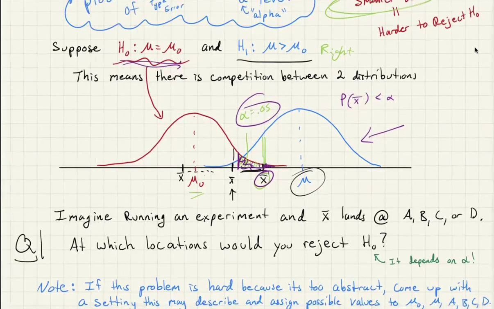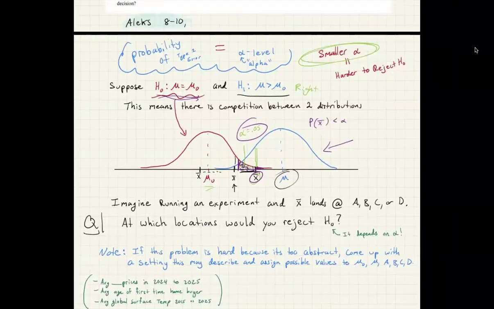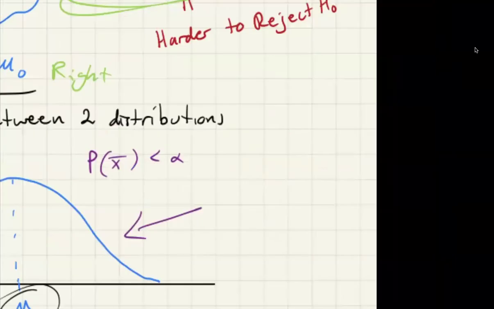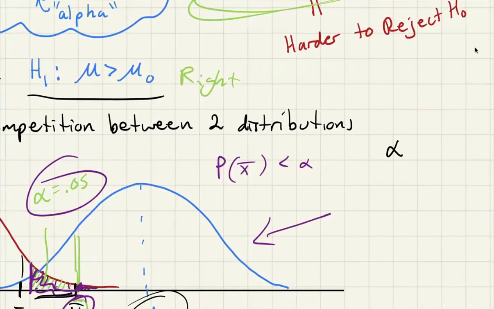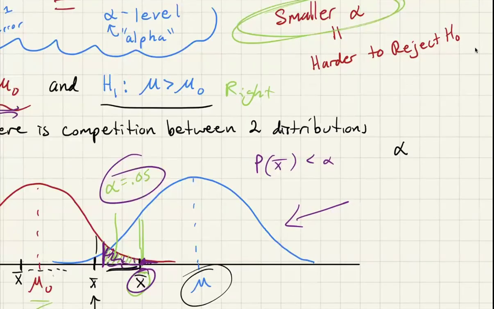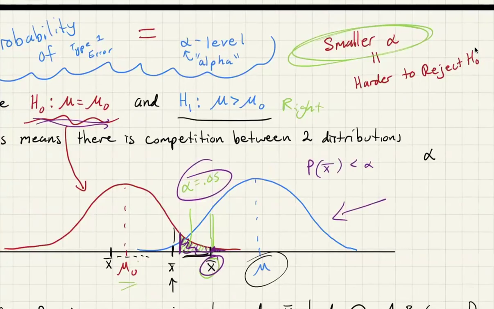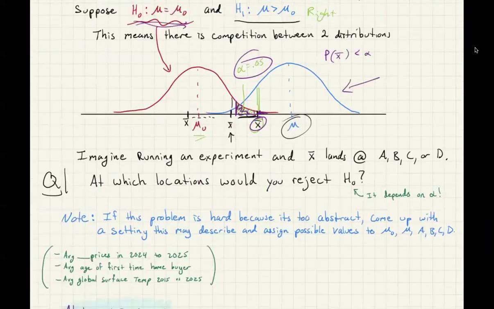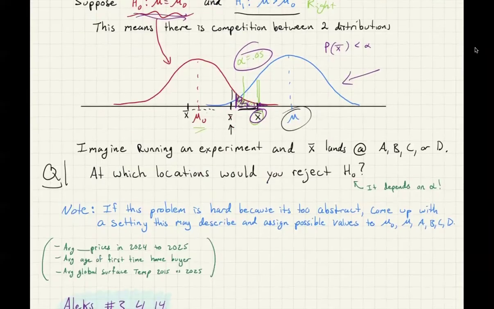So anyway, alpha is the probability of a type 1 error, and alpha is proportional to the type 1 error and inversely proportional to the type 2 error. Whatever, you can play around with those error questions on ALEKS and see how it's going.